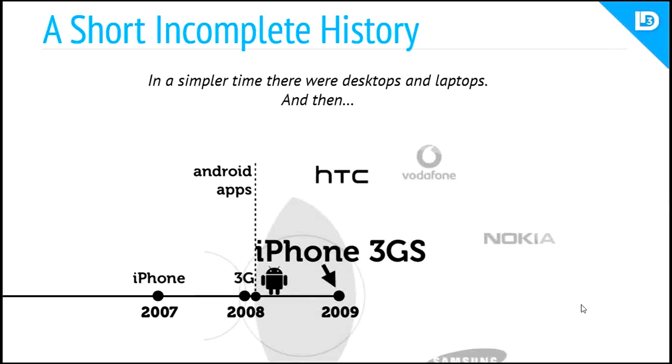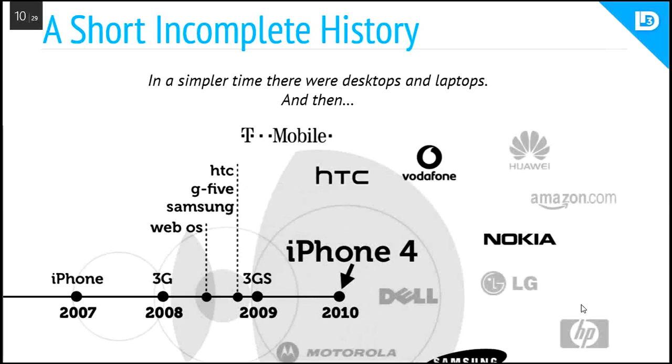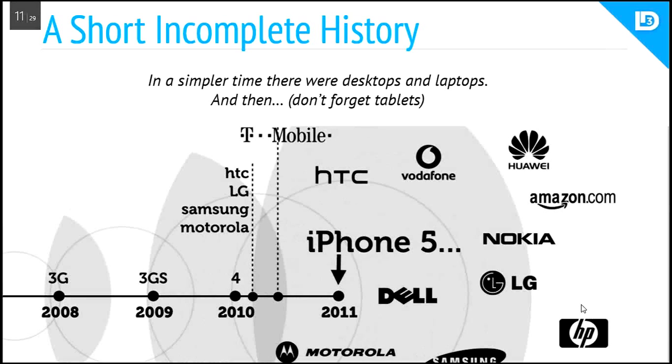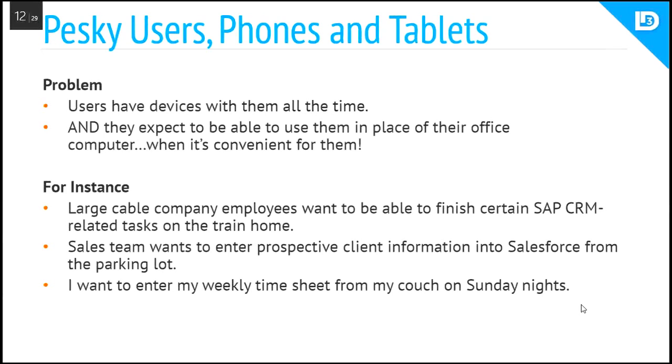But then now we've got lots of Android manufacturers. Now we've got lots of phones, different sizes, different resolutions. The new iPhone comes out, and oh my goodness, now we've got lots of different Android manufacturers, lots of different variations in display technology. The iPhone 4, and if that wasn't bad enough, oh, now we've got the iPhone 5.